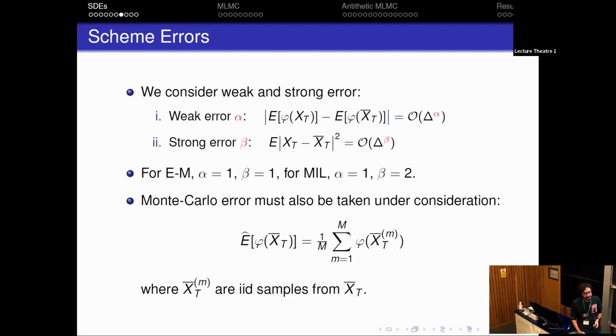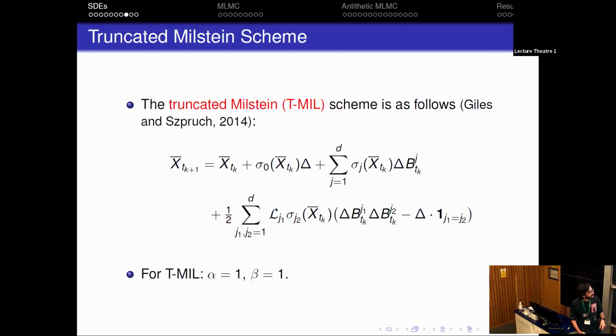So let's keep this in mind. For the Euler-Maruyama, these two things are the same. For the Milstein scheme, we gain something. This would have made a difference in the multi-level setting if we were able to actually use the Milstein scheme. Otherwise, we have to do also some Monte Carlo to approximate this expectation.